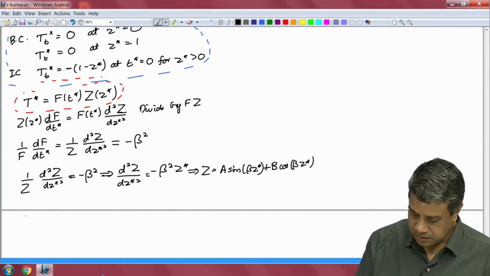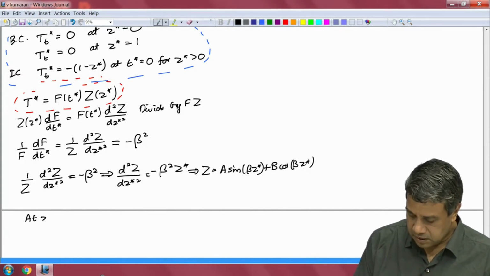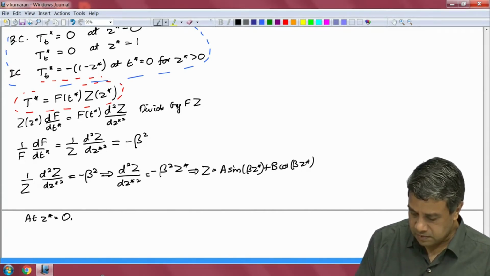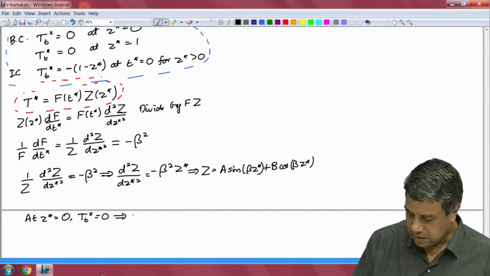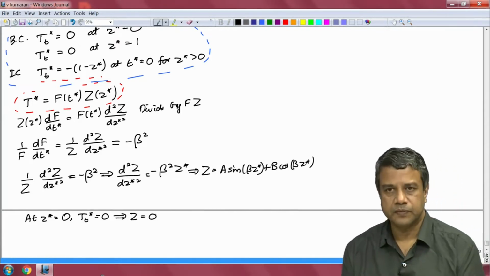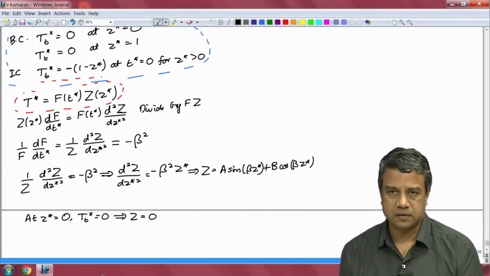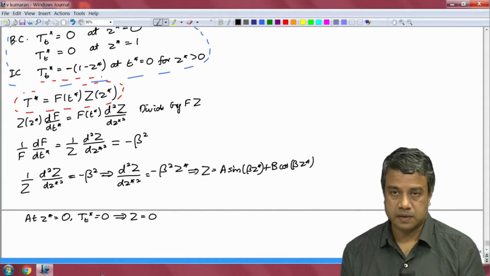We know that at z star is equal to 0, transient is equal to 0, which implies that f times z has to be 0. The function f is only a function of time.